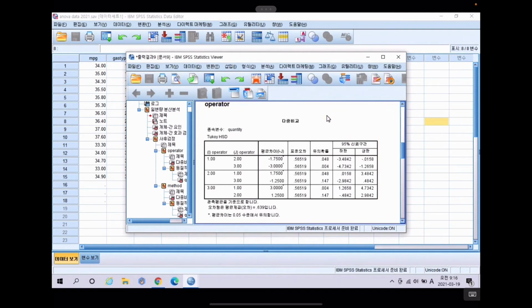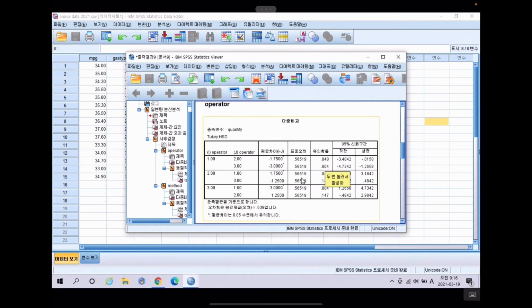If you want to find pairs which have differences, you need to look at the p-value which is less than 0.05. In this case, this one is very close to 0.05, but still less than 0.05, and this one is also less than 0.05.